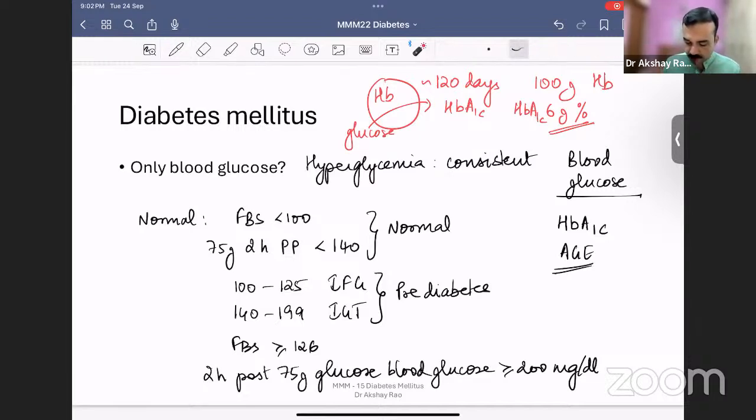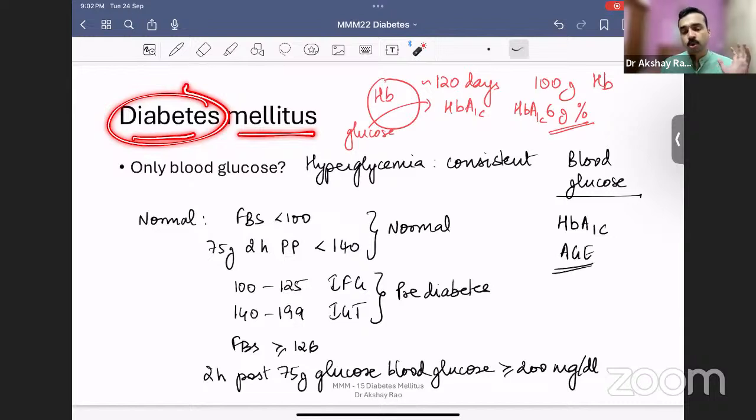Remember, we have diabetes insipidus also. Diabetes refers to the increased urine output, which happens because of osmotic diuresis. Glucose has osmotic property. It will attract water towards it. So the higher the glucose in the blood, the higher the filtration to the kidneys into the urine, the more water gets dragged from inside the body, intravascular, into the urine.